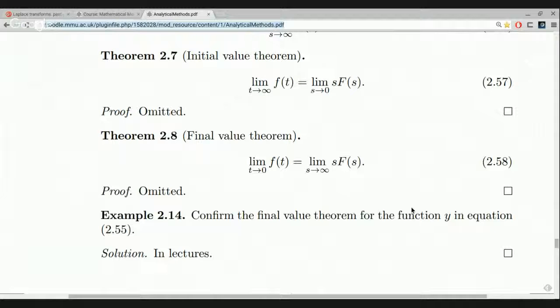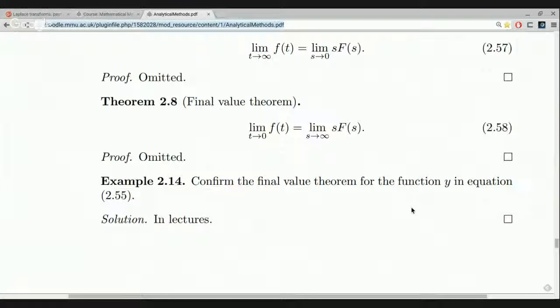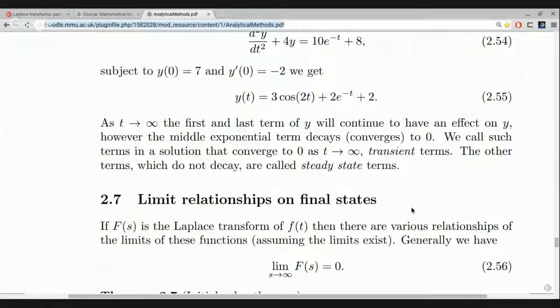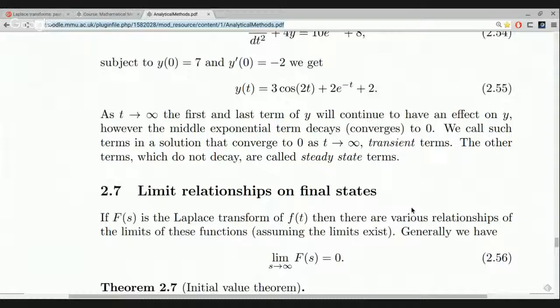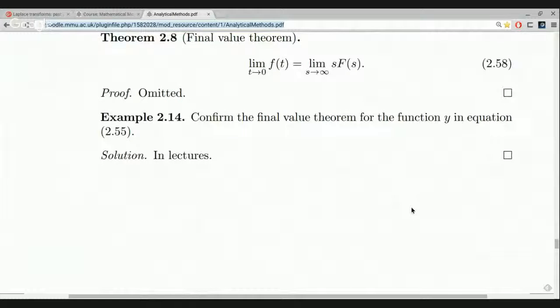Okay. Now, we won't spend time on the proof of those, but we can have a look at them in the case of example 2.14. We can have a look at this in the case of the function in 2.55.